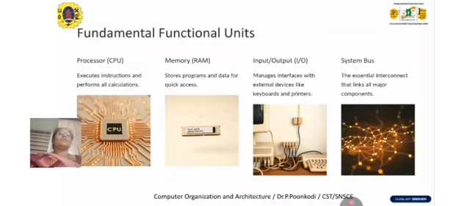This will be used to get the input and present the output on some other devices, which may be external devices. During that time, this will be responsible for managing the interfaces. The next one is the system bus. The system bus is used to interconnect all the major components in the computer.